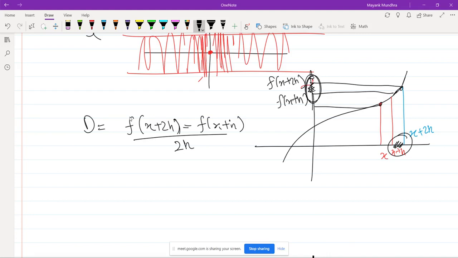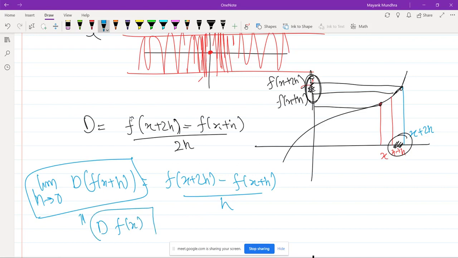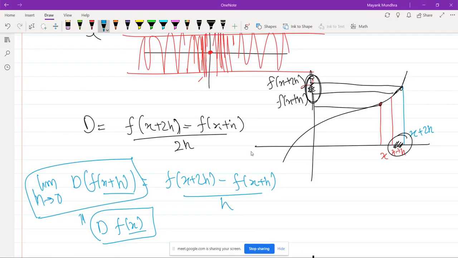Okay, so derivative at f of x plus h will be f of x plus 2h minus f of x plus h upon h, and since you have limit h tending to 0, this thing will be basically equal to derivative at f of x. Okay, because derivative of f at x plus h should be same as derivative at x, because the function is given to be differentiable at x. All right, so this should have been the definition.